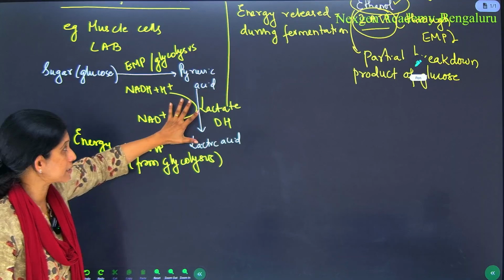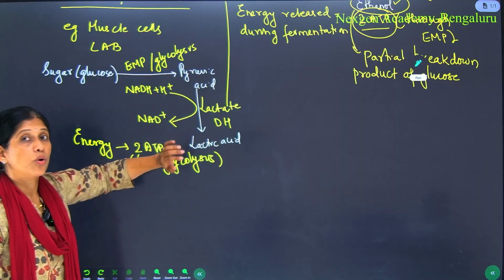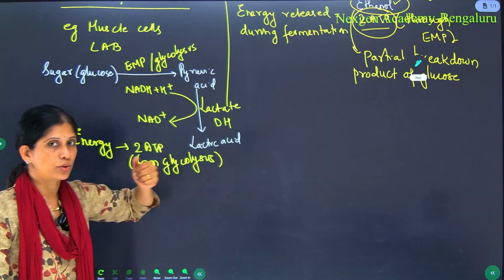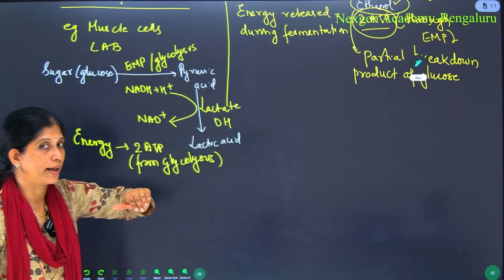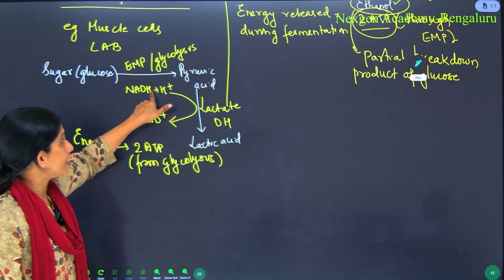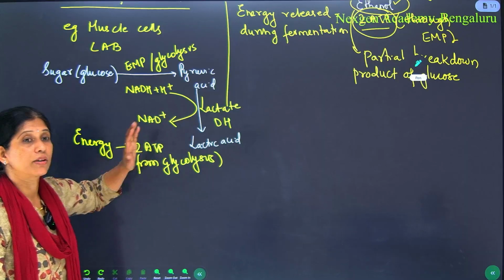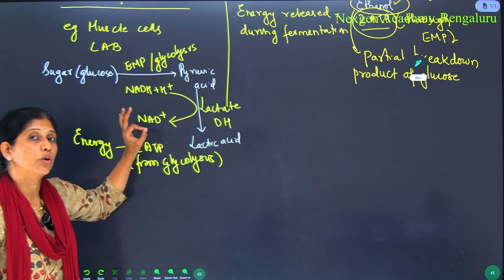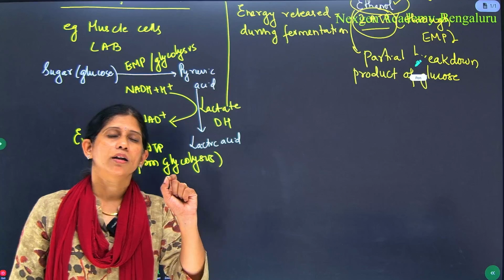The reason you can see here is that no direct ATP is released, and no NADH plus H is released either. If NADH plus H were released, it could be converted back to energy, but here NADH plus H is used, not released. So the only source of energy in fermentation is glycolysis, or the EMP pathway.